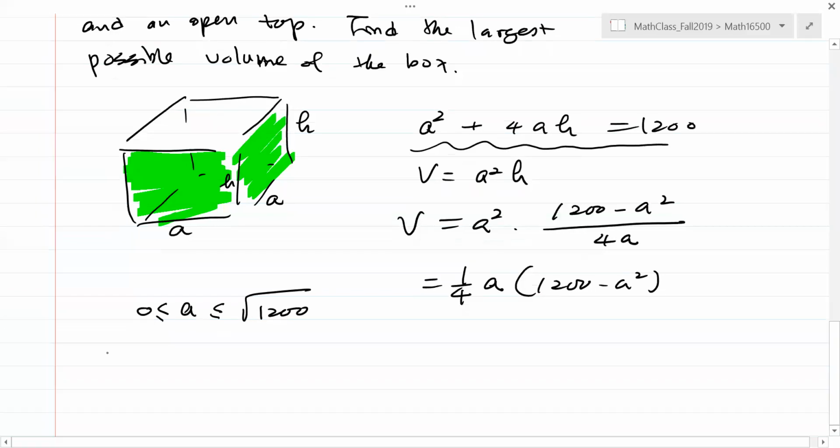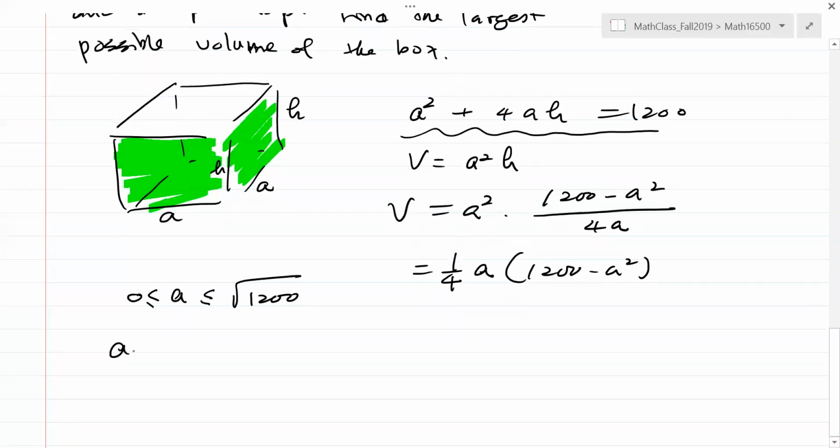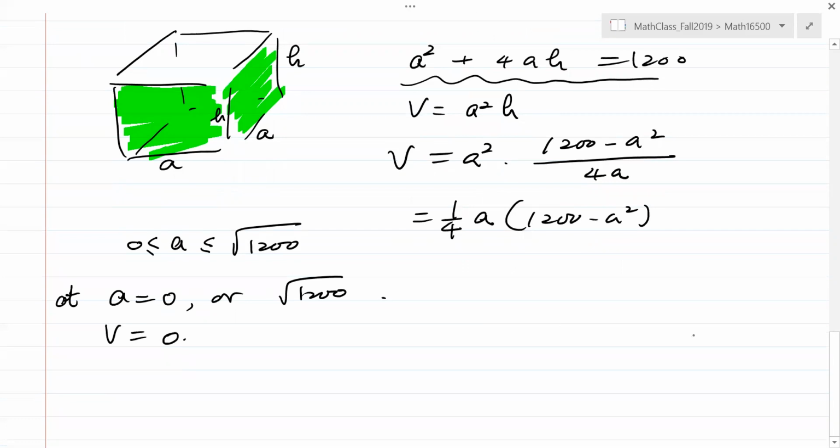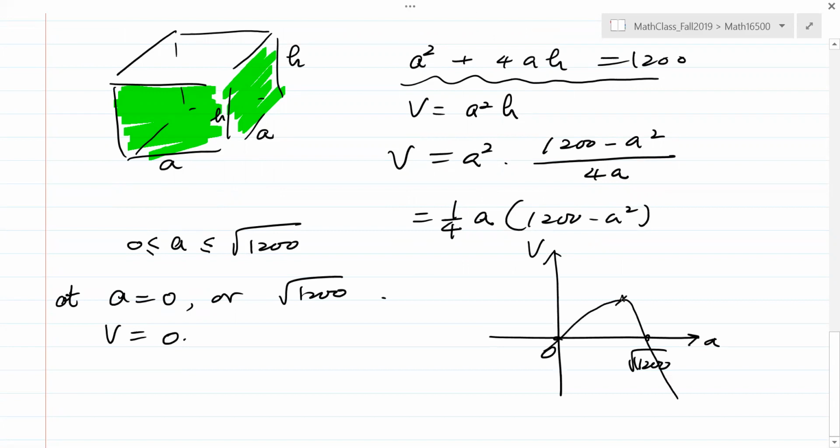At the two endpoints, A equals 0 or the square root of 1,200, the volume is 0. But the volume is positive in between. If you draw the graph, this is the volume, this is A, here's the square root of 1,200, and this is 0. I'm pretty sure this is the graph. Somewhere it has a maximum volume.